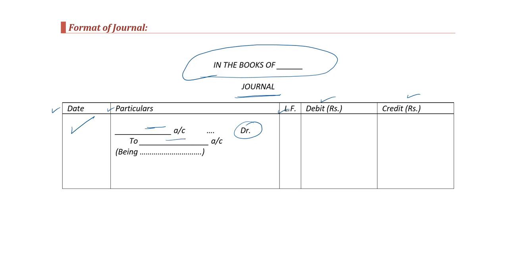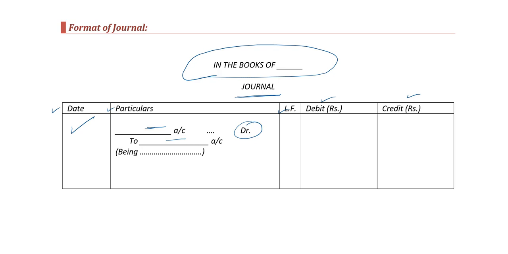So it could be cash account debit to interest account. So cash account is debited to interest account is credited. Or it could be salaries account debit to cash account. So salaries account is debited to cash account and cash account is credited.